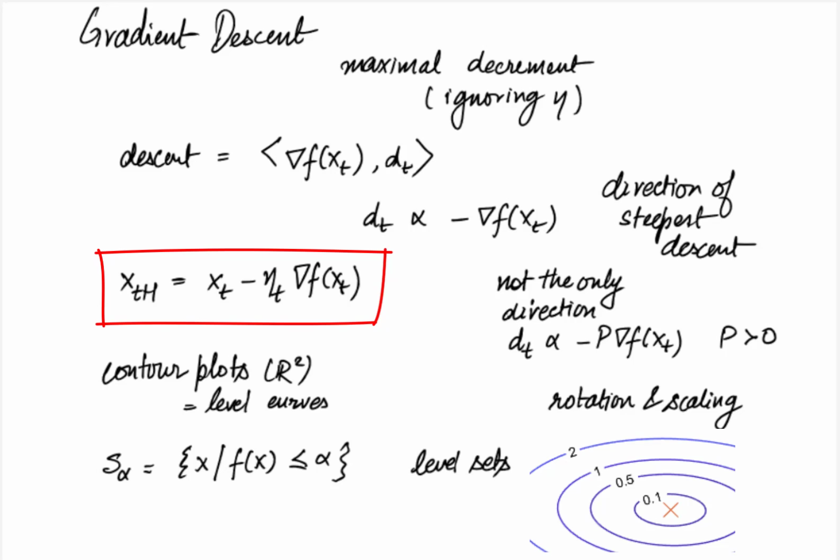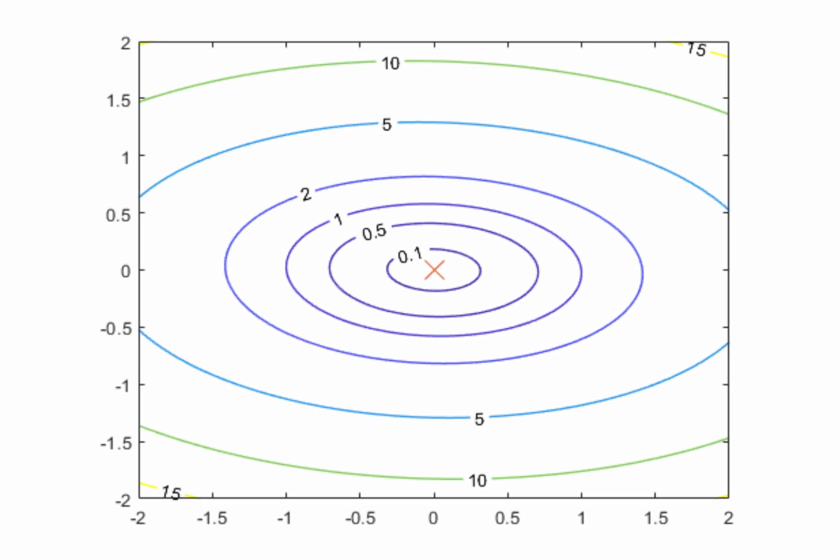A contour plot is basically a 2D plot that shows the boundaries of such level sets for different values of alpha. Let us look at a contour plot. So you can see here that if we set alpha equal to 0.1, then the line marked 0.1 is actually the boundary of the set. Likewise, the marks 0.2, 0.3, etc. show the function value along those curves.